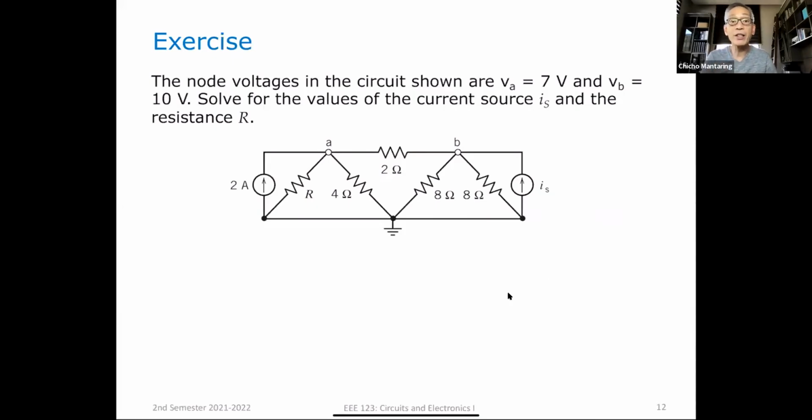Does anyone have an answer already? What is the value of R and what is the value of I of S? Please use the chat box.